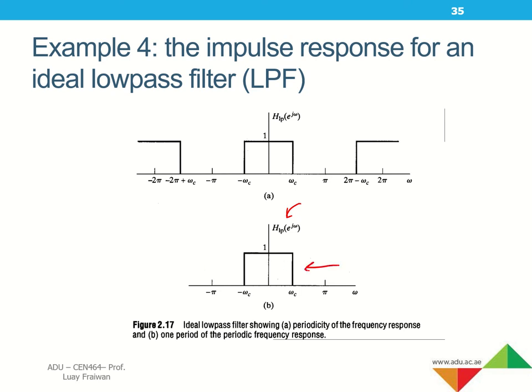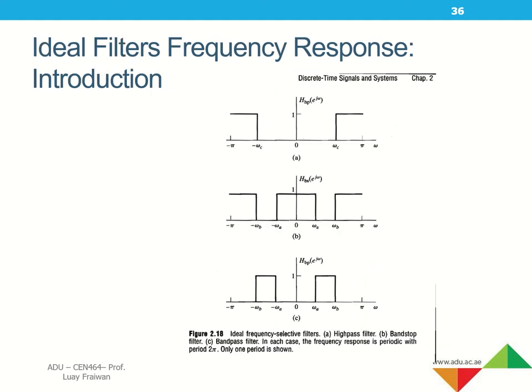For example, this filter is a low pass filter: only low frequency signals within this range will be passed and all others will be rejected or stopped. This is an example of a high pass filter: only high frequencies will be passed and low frequencies will be stopped, because this is 0.